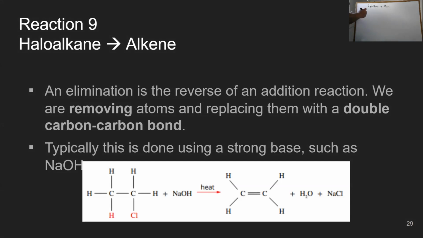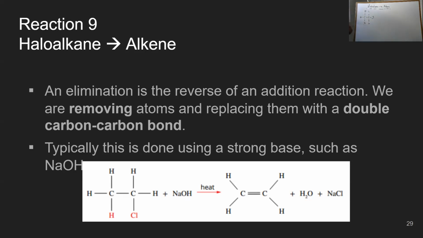So we take a haloalkane and we add sodium hydroxide, so a strong base.